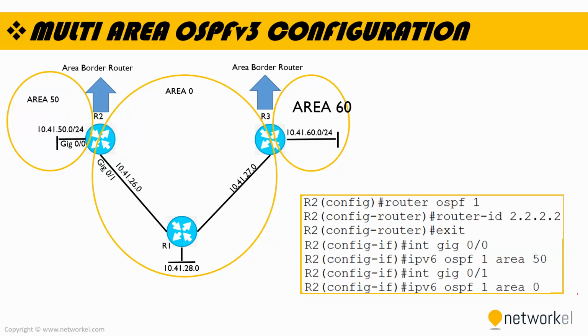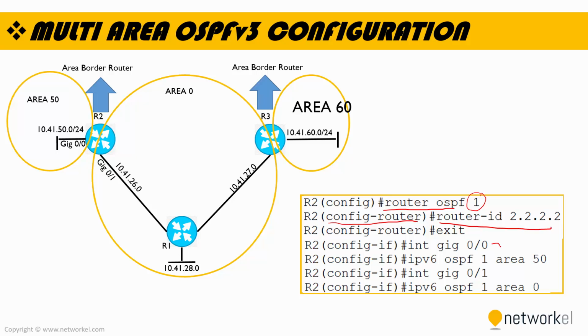And to set up the multi-area OSPF version 3 configuration, that's a similar logic to the IPv4 configuration again. We get into router ospf with the process ID and enter the router configuration mode. Please keep in mind that we are just defining a router ID while we are configuring IP version 6 for OSPF.